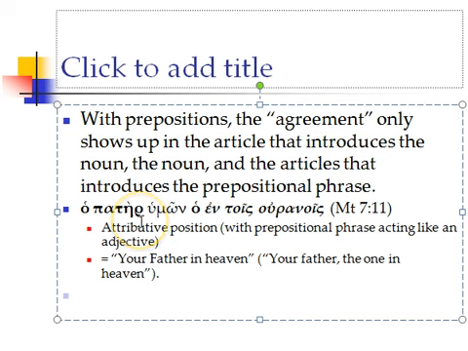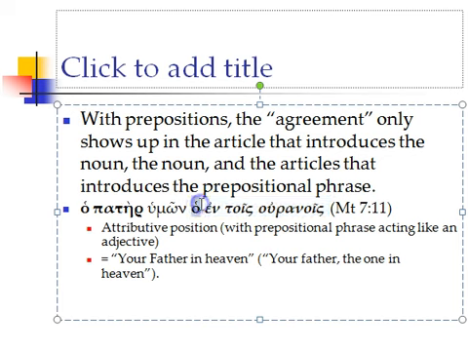Ho pater means the father. This word is a pronoun, it simply means your. So your father. But now Matthew wants to give more information about this father. And he doesn't want us to fail to understand that the prepositional phrase describes father and not some action in the sentence.